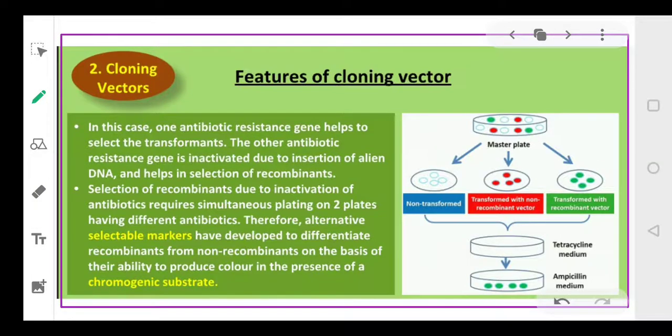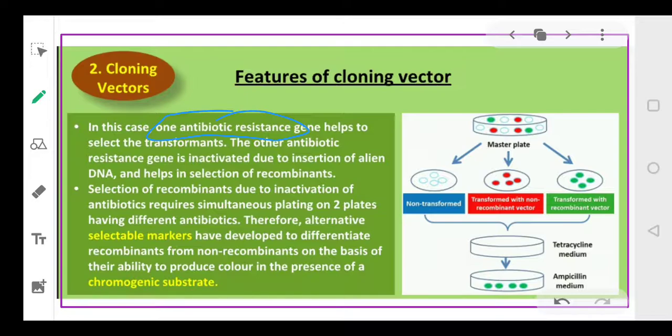Okay, now in this example that we have discussed, one antibiotic resistance gene helps us to identify the transformed and non-transformed cells, or we can say the recombinant or the non-recombinant cells, right? So if there is inactivation of one gene, that helps identification.